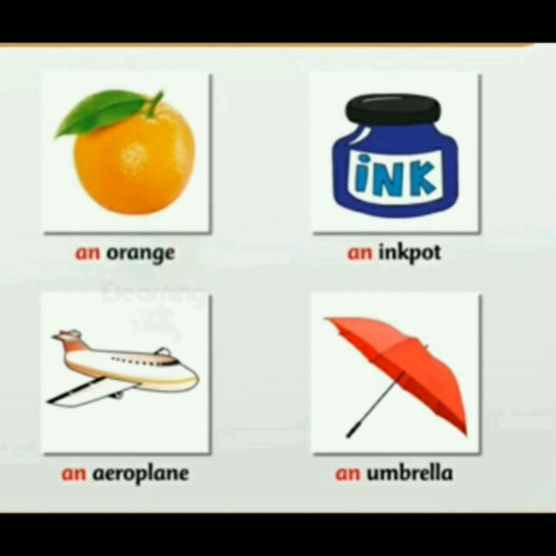Kids, you can see AN is used before these words because they begin with vowel sounds. O, I, A, U are vowels. So, AN is used before these words.